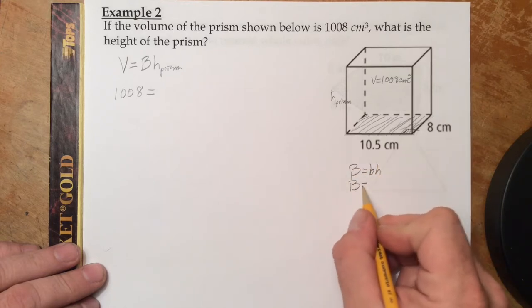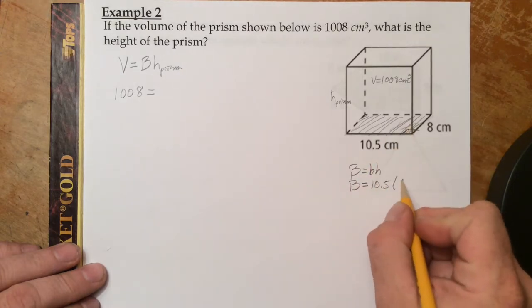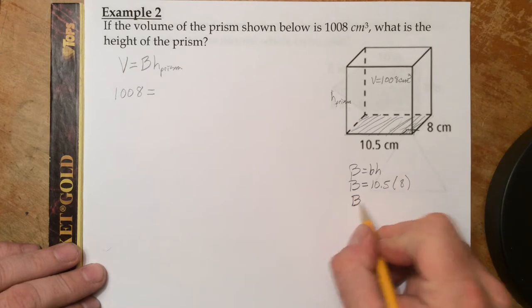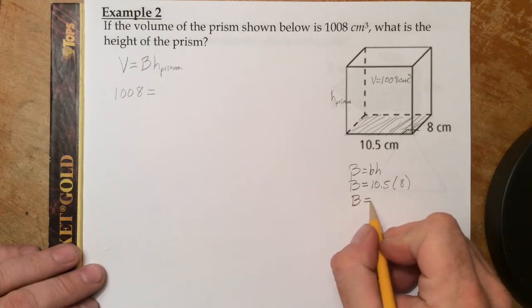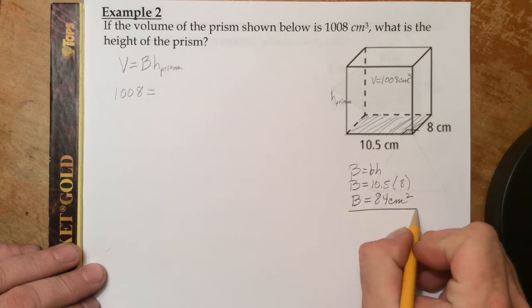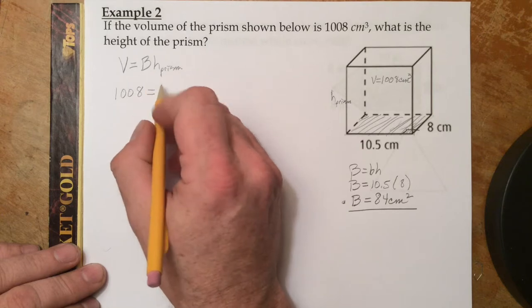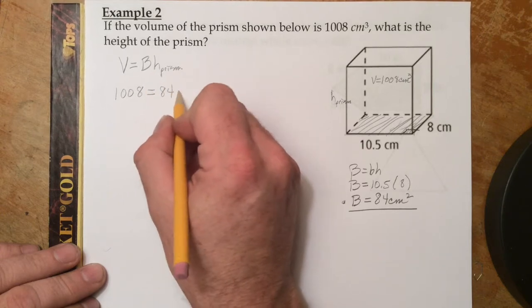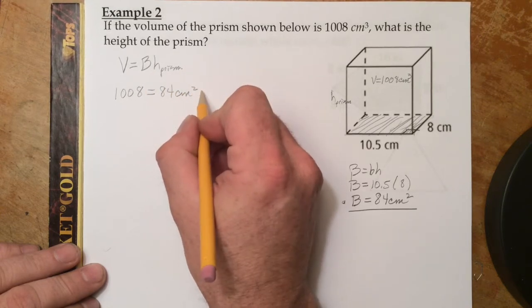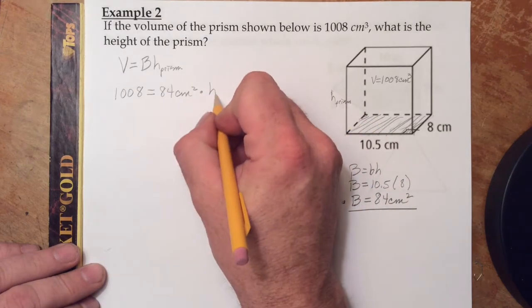So finding the area of the base face here, we have 10.5 centimeters times 8 centimeters. 10.5 times 8 is 84 square centimeters. Substitute this in for big B. We have 84 square centimeters times the height of the prism, which is what we're looking for.